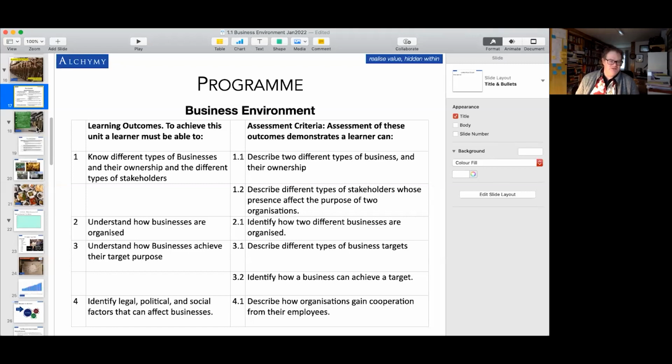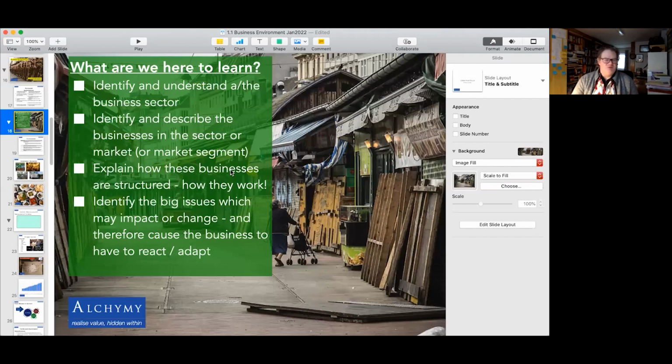So this module, and we looked at this yesterday, what we're here to learn is to understand the business, identify and understand the business sector that we're looking at. We want to be able to identify and describe the businesses in the sector or the market. So if we talk about local restaurants or local human services or the medical tech industry or educational services, clothing manufacturers, we can talk about different industries, different marketplaces, and we want to explore that, and identify and describe the businesses in them.